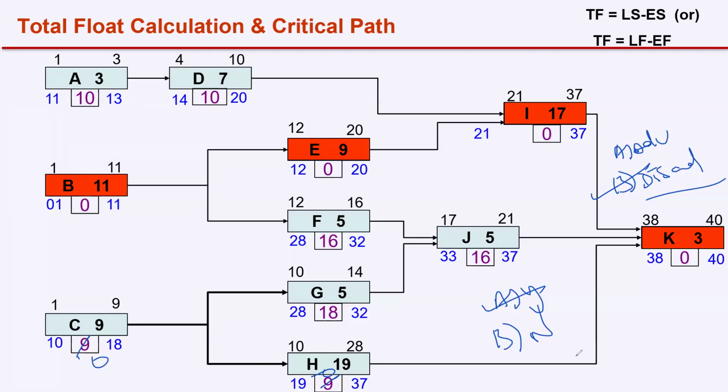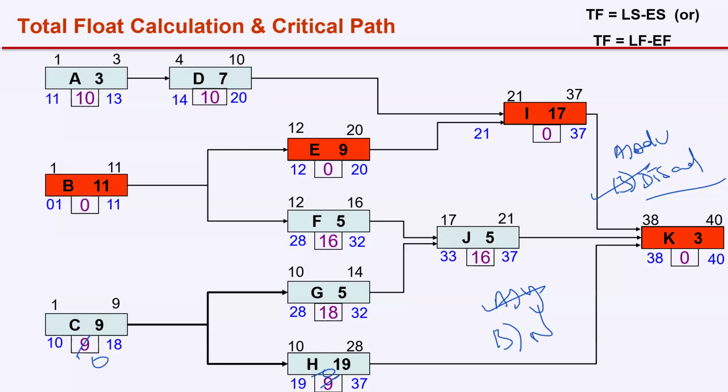So if your project has multiple critical paths, there is a high risk of delays. If I have only one critical path, my focus will be on BEIK, but multiple means difficult. So it's a disadvantage.